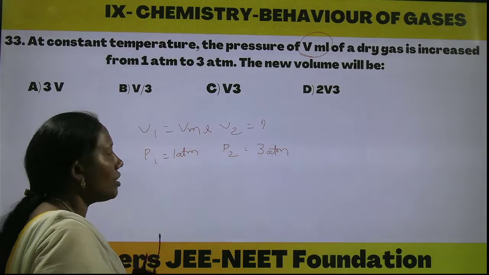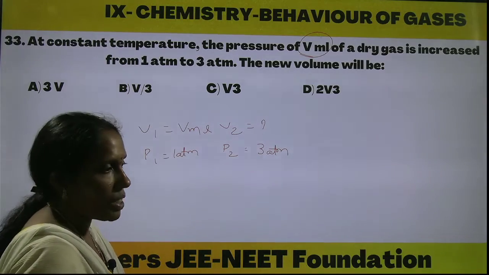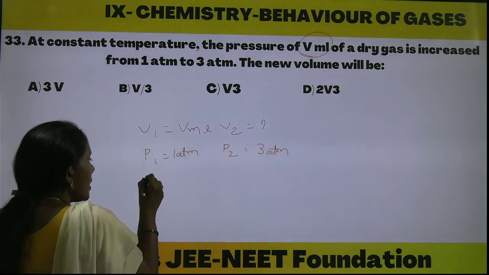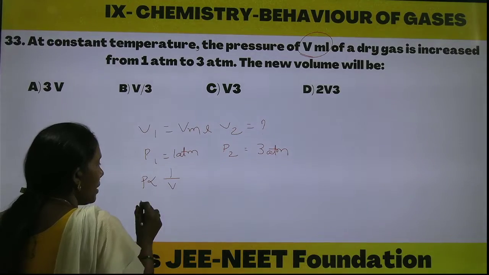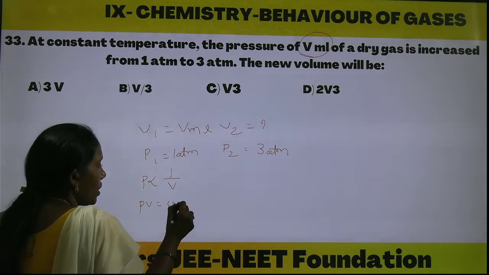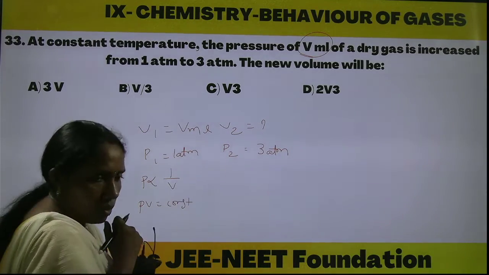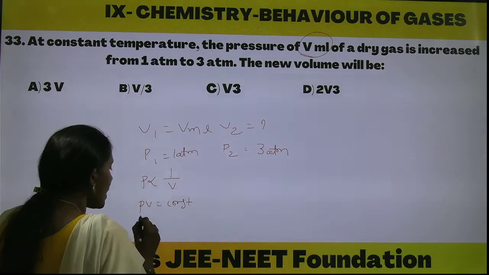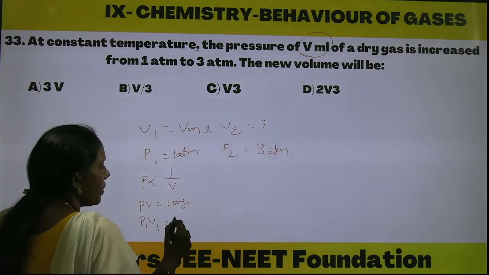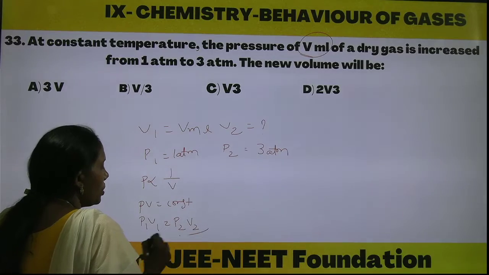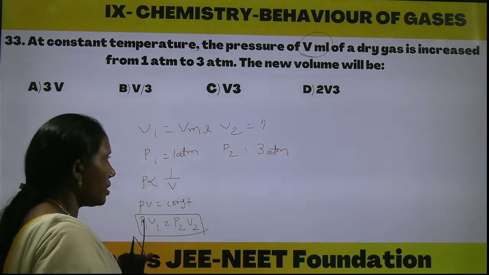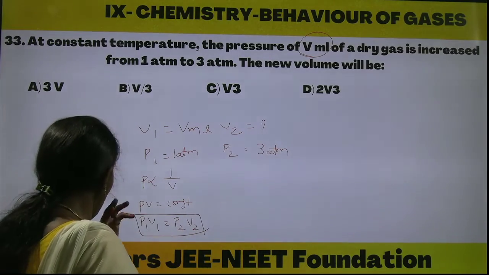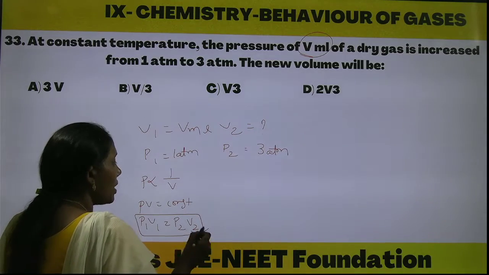So obviously the pressure and volume relation means it is Boyle's law. Boyle's law is P proportional to 1 by V, so PV equal to constant. For different conditions we consider P1 V1 equal to P2 V2. Now we have to apply this formula and calculate V2.